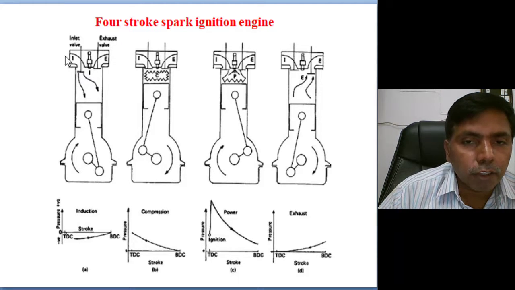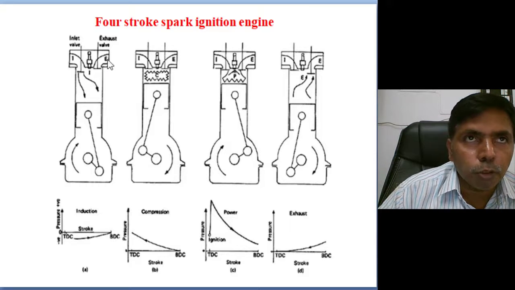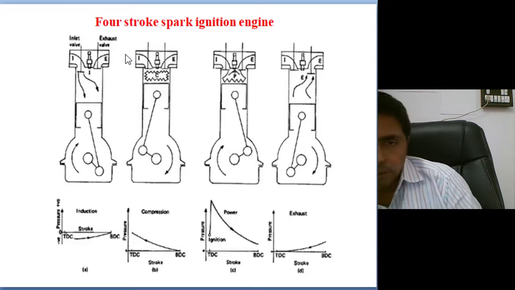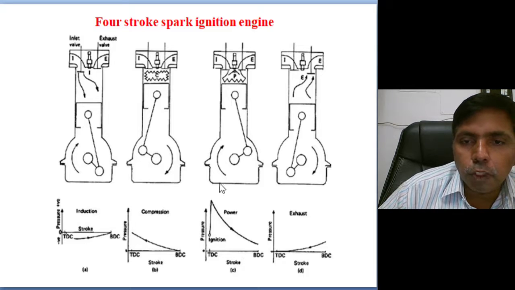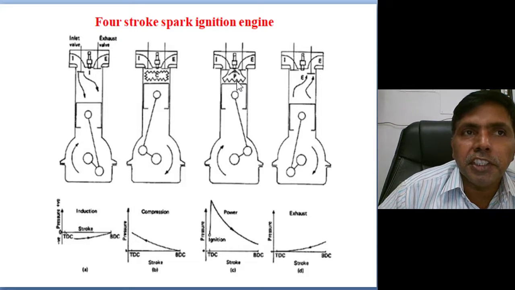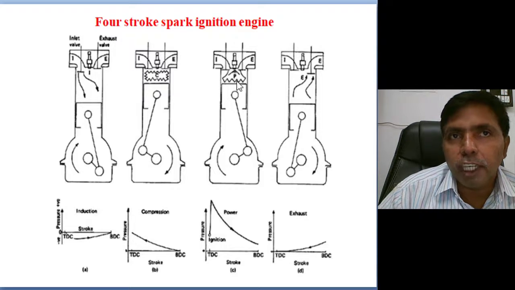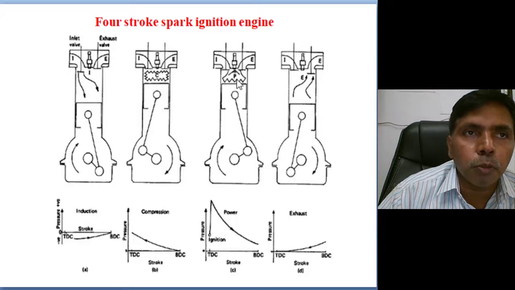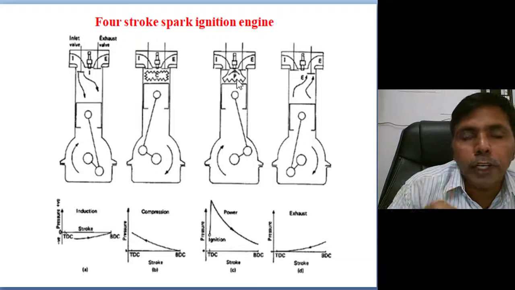At that time, whatever fresh charge is there, there is some chance of it escaping through the exhaust, and likewise for the spark. Theoretically we assume that after reaching top dead center, only then the spark will come. But complete combustion at the TDC condition is not possible. Why? Because when we give a spark, it takes time to complete combustion.